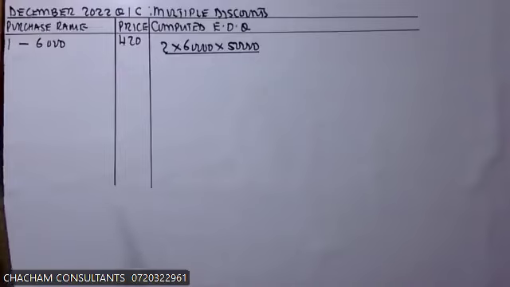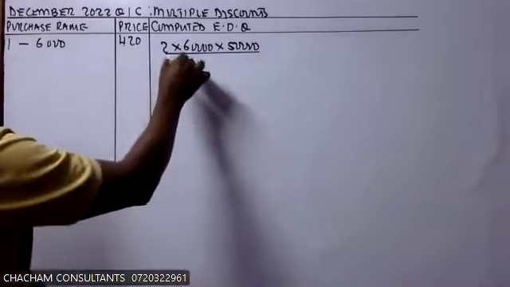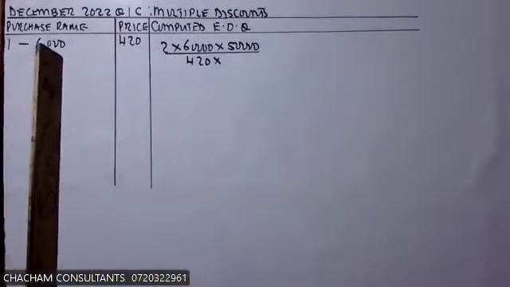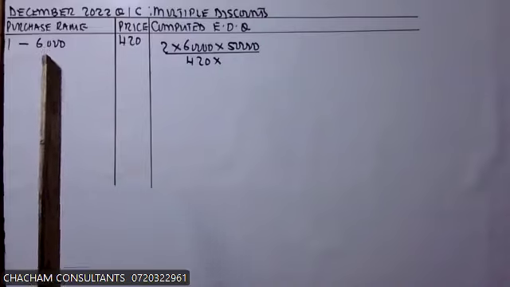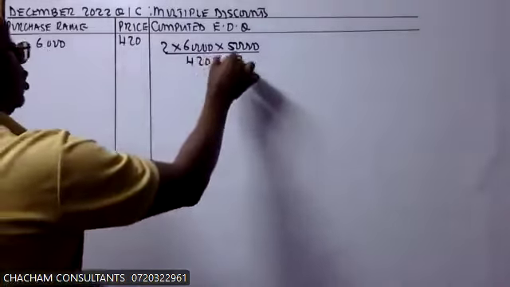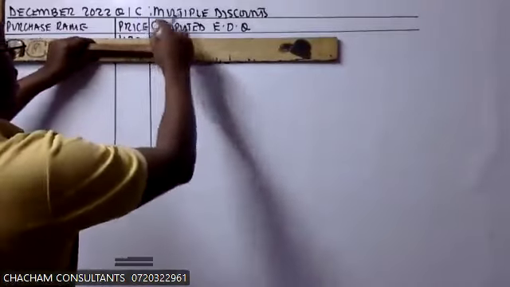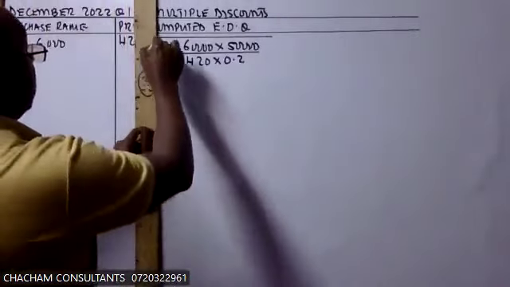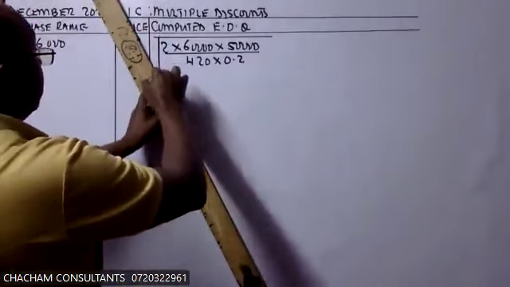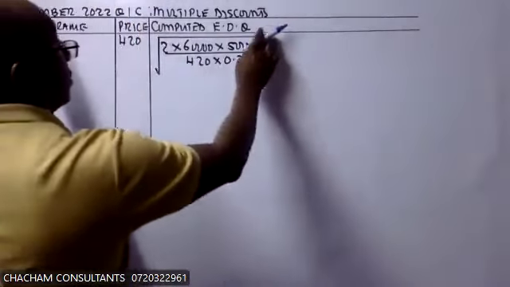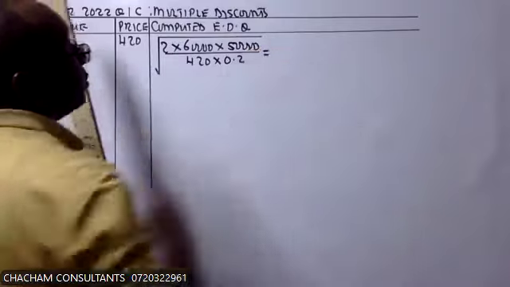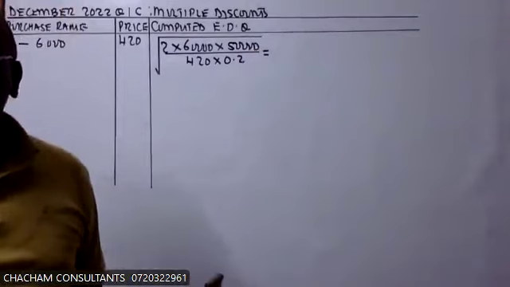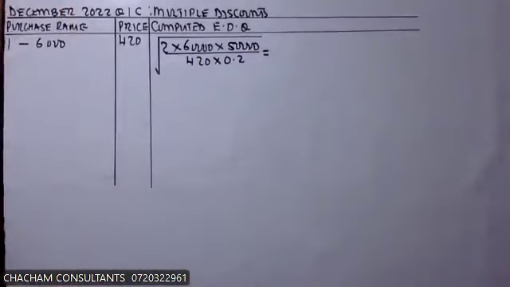C is the purchase cost, and H or I is the holding costs percentage, 20%, 0.2. So work that out and tell me what is the answer.